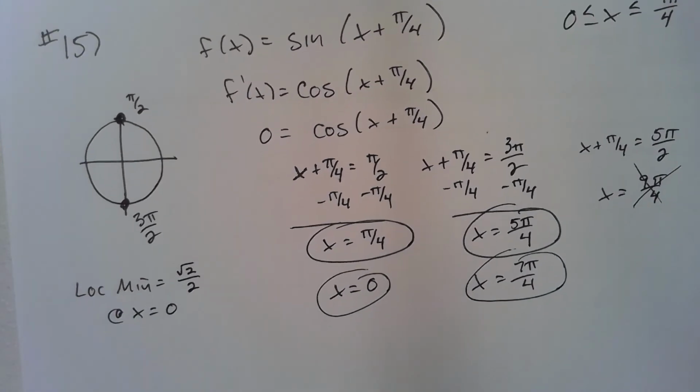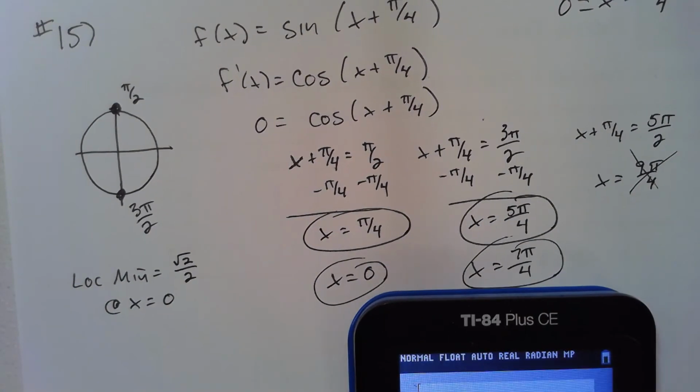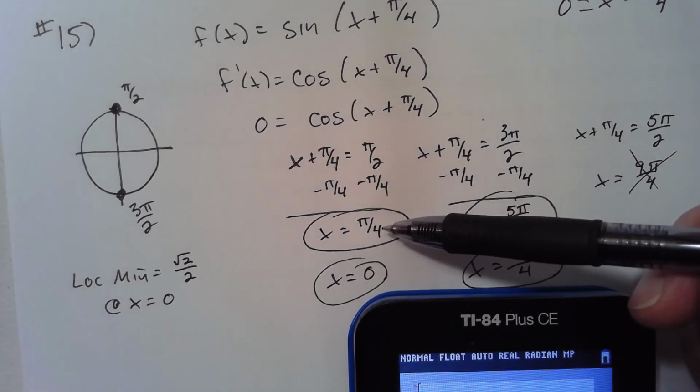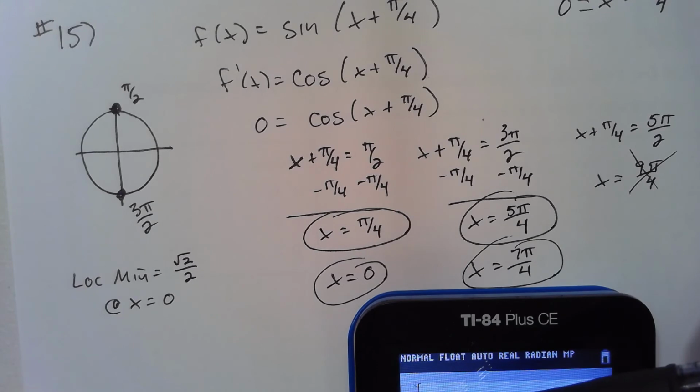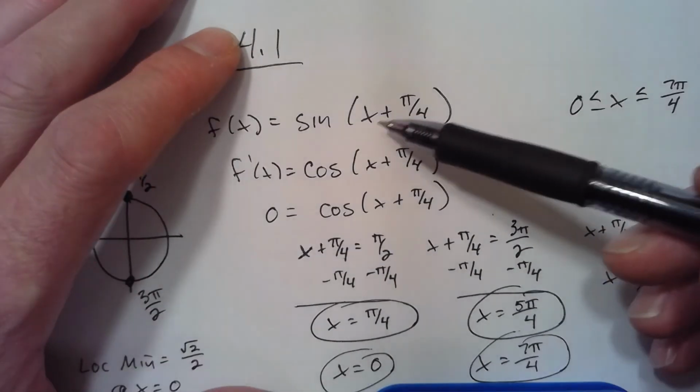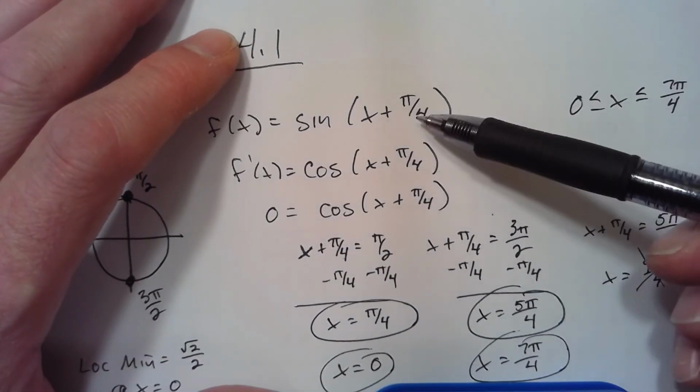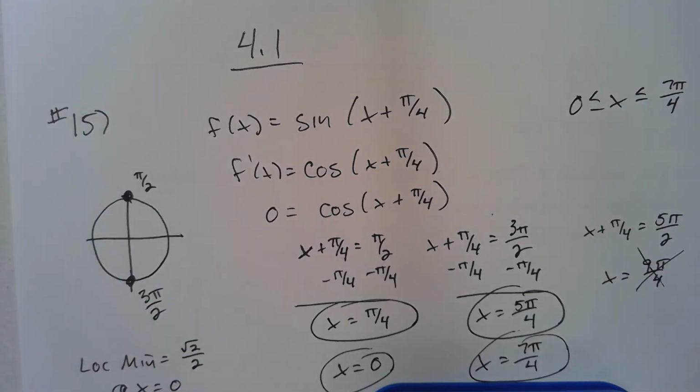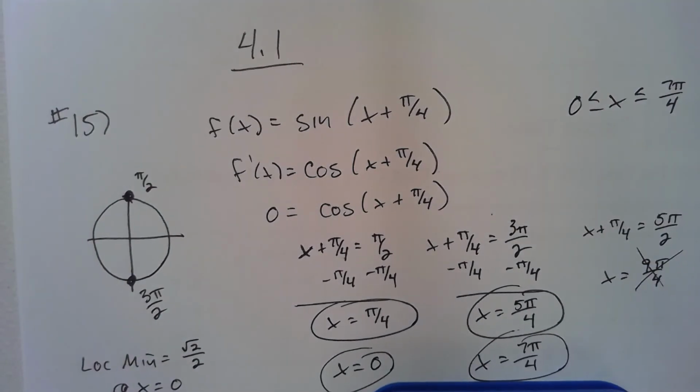There's our first extrema. So the next time is right there. That's a horizontal tangent. That's our pi over 4. Okay, so pi over 4, if I plug it into my original, sine of pi over 2, well, that's 1. So we have an absolute max equal to 1 at x equals pi over 4.